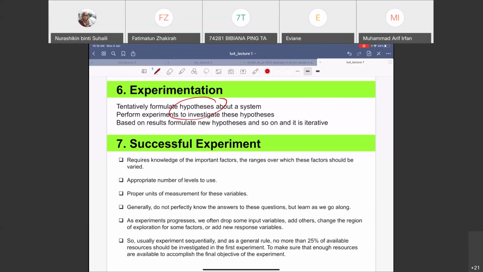So that's why the null hypothesis is not as strong as the alternative hypothesis. Okay, I hope you understand what I mean.